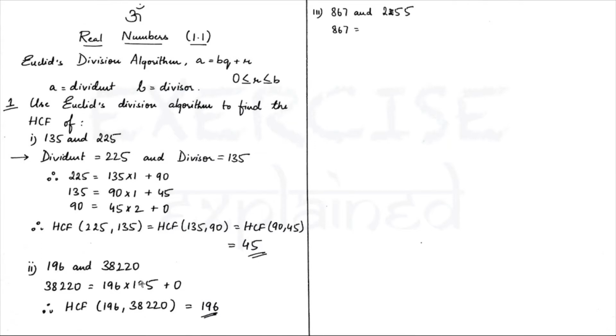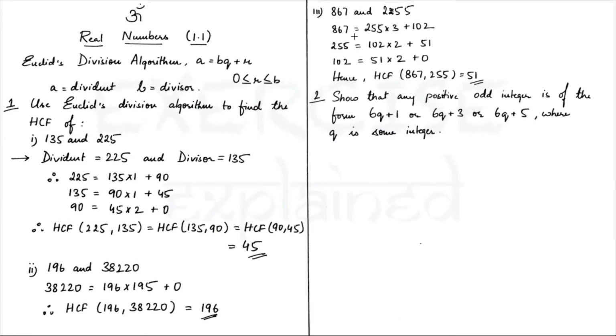So the quotient is 195. Now since it is perfectly divisible, the remainder comes as 0. So we can directly tell that the divisor is the HCF. So 196 is the HCF.